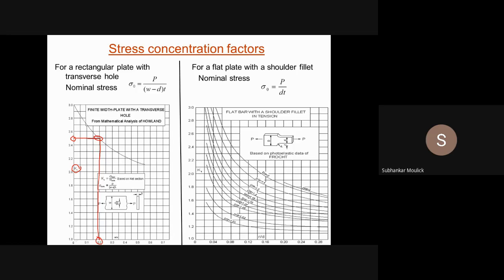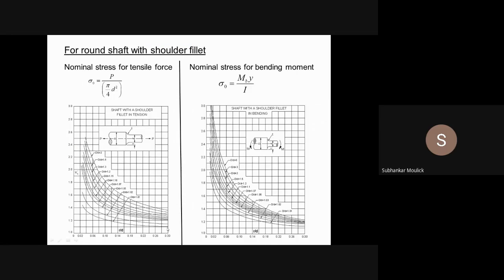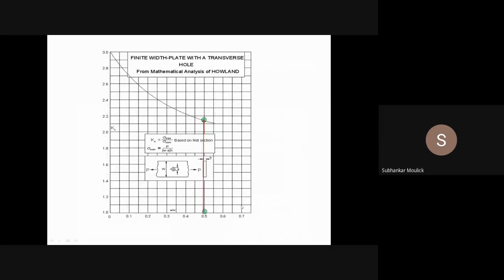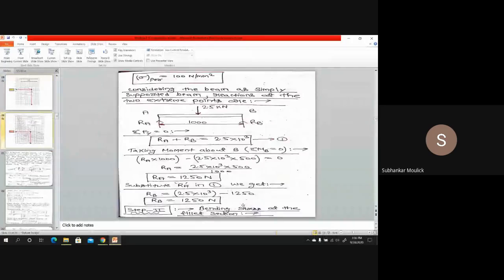So what is the value of Kt? It is 2.5. Yes or no? It is 2.5. So I got the value of Kt to be 2.5.